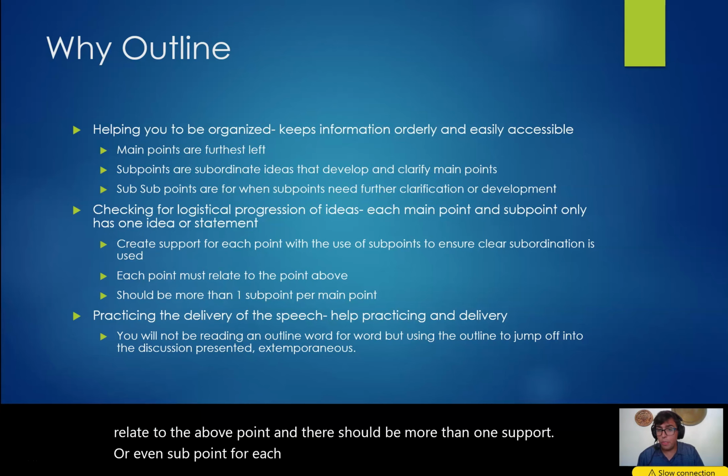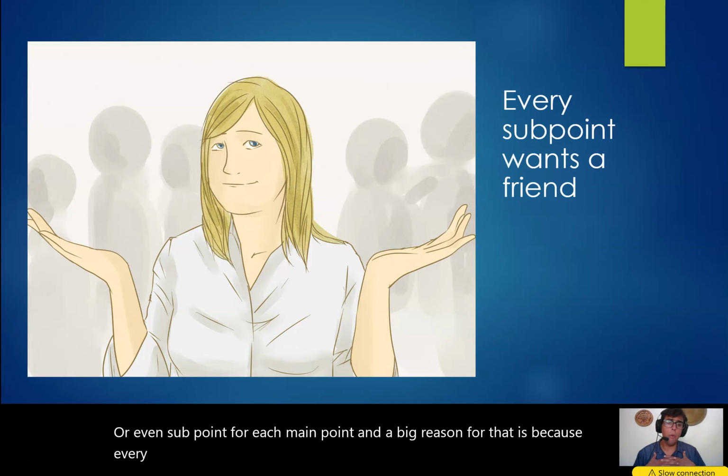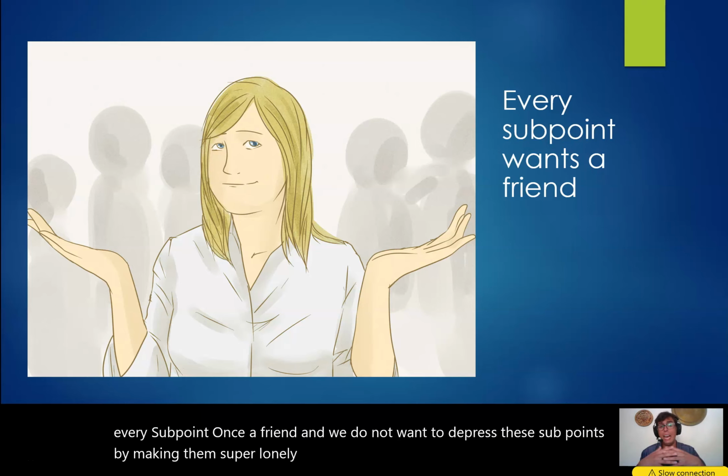And a big reason for that is because every subpoint wants a friend, and we do not want to depress these subpoints by making them super lonely. We want to instead make sure that they have a friend.